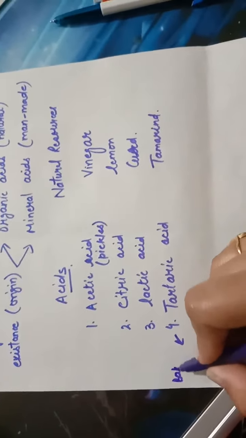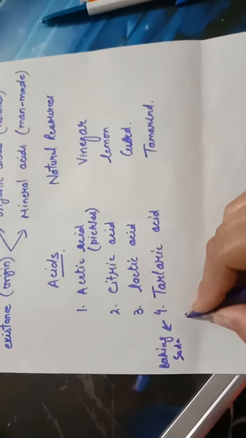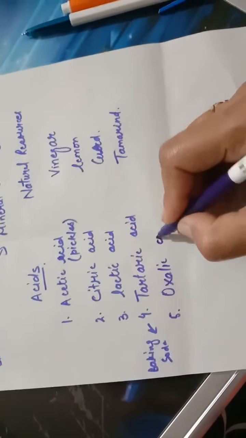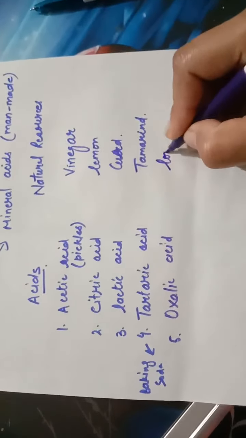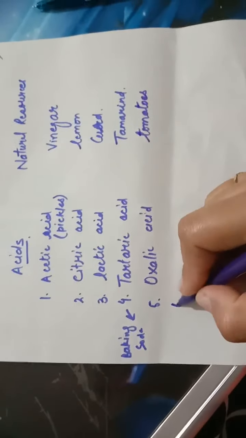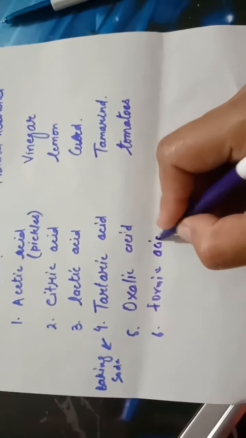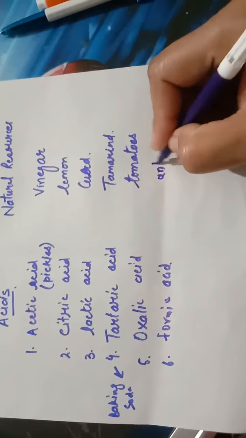It is also used in baking soda. Fifth is oxalic acid, which is present in red tomatoes. Sixth is formic acid, which is present in ant stings.